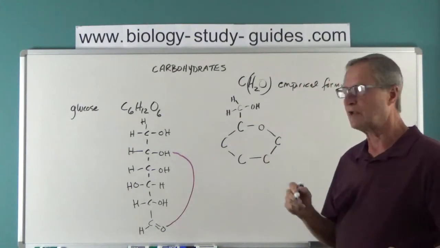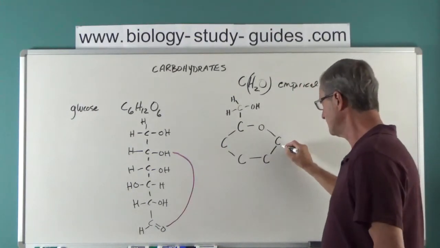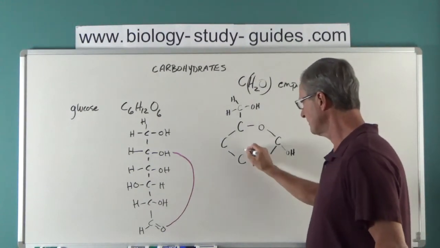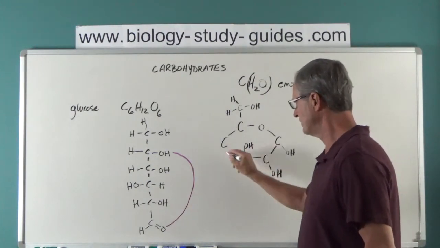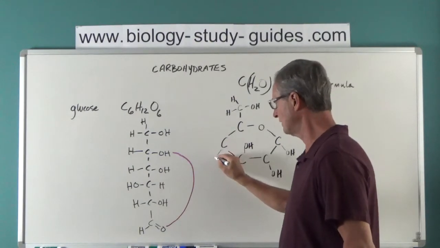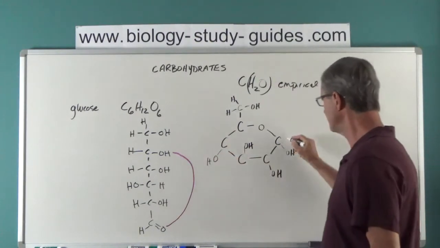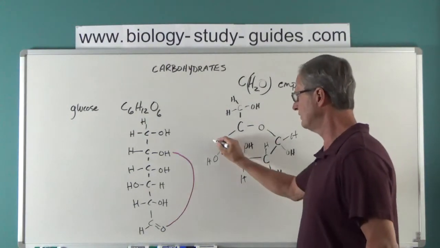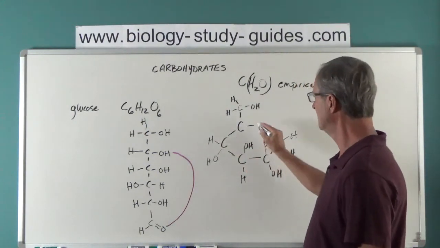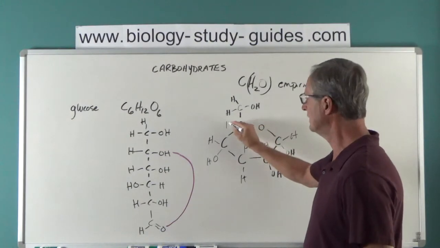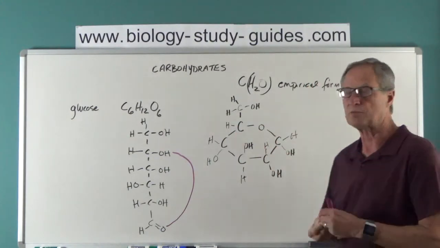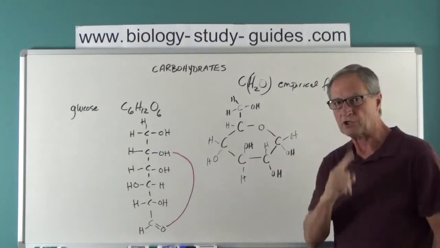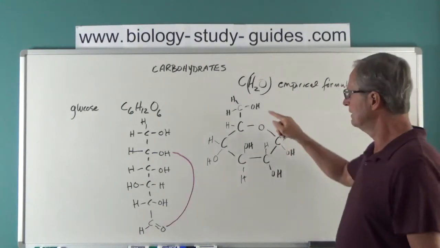Now I haven't drawn all the hydrogens and hydroxides on, so I'll just put those in here like this. There's the hydroxides, the way they exist in this molecule, and the hydrogens. So when you look at glucose as a molecule, we need 1 more bond in here. We need another hydrogen. As glucose as a molecule, C6H12O6, that's typically what 1 molecule of glucose looks like.